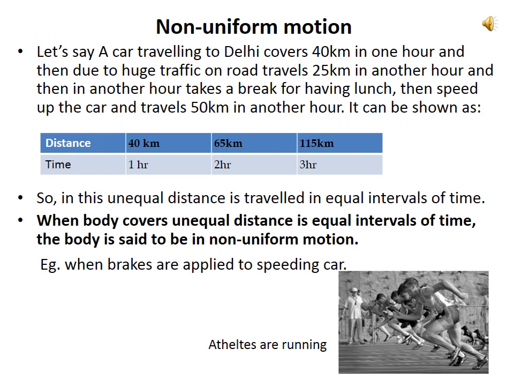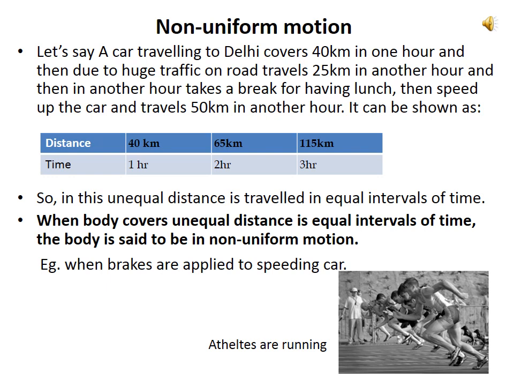One more example: an athlete running. They run slowly initially in the race, but as the race progresses, their speed increases. See the figure. Let us say they cover 1 kilometer in the first hour, and after 1 hour they cover 3 kilometers.